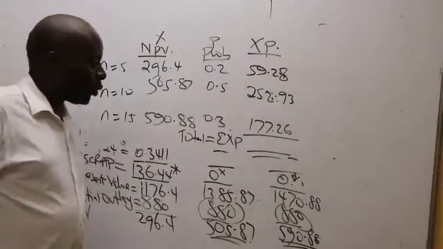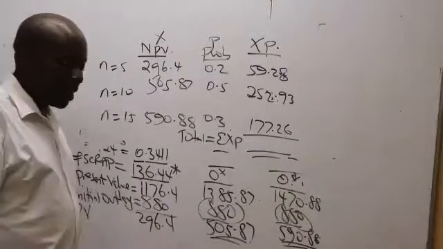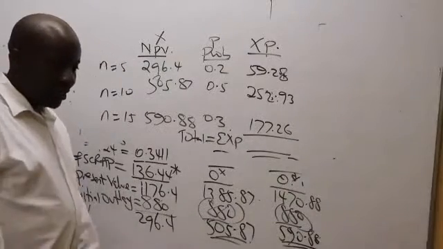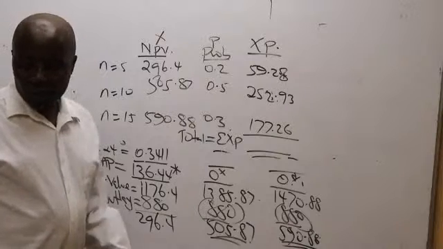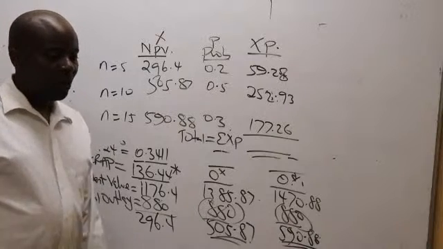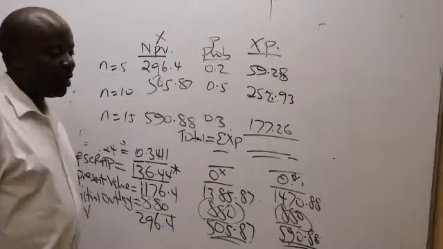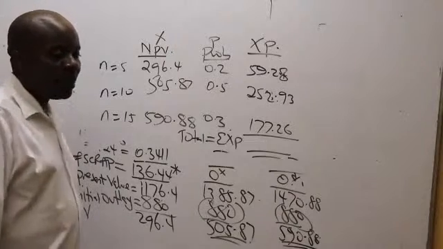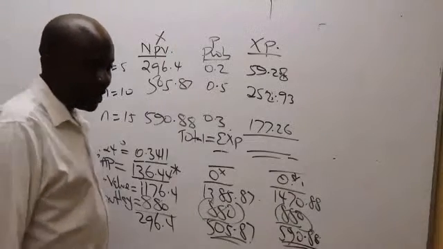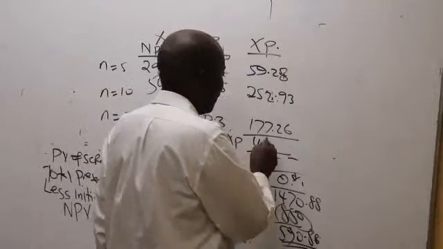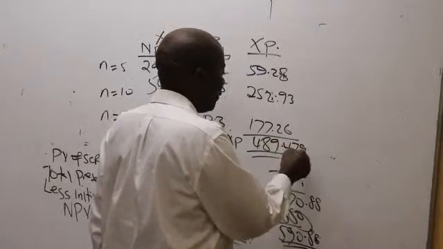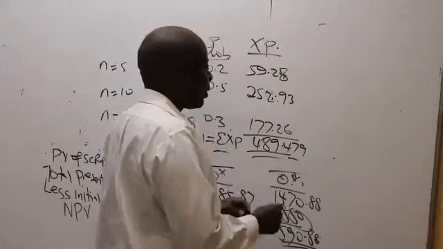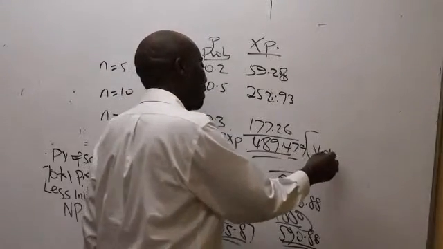So then what will be the total for the 3? When you add them up together, we have 489.479. So it's positive, and therefore the project is viable.